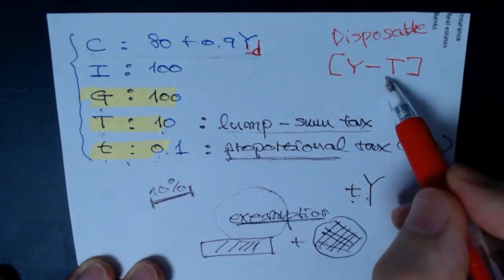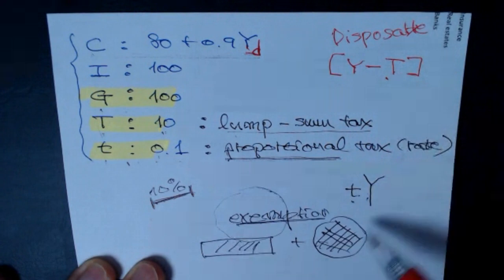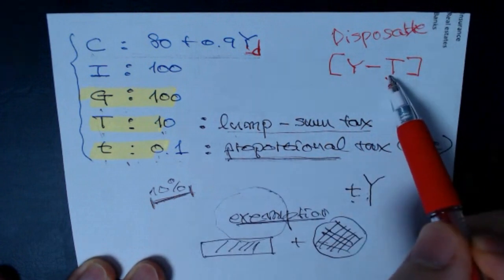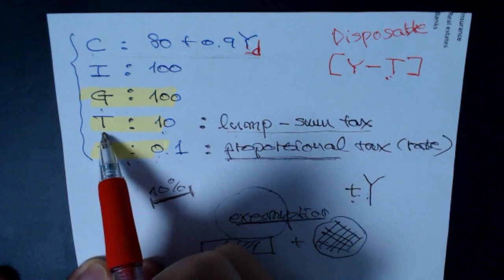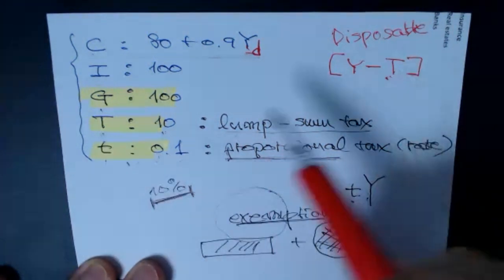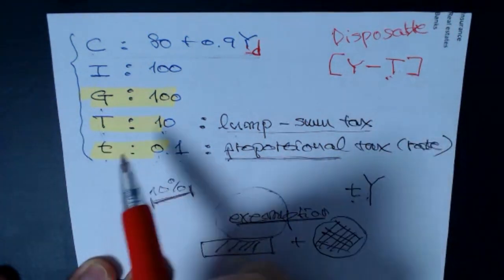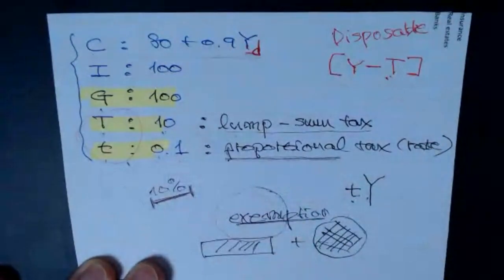T represents tax. Depending on the tax system of a nation, this T can be composed of a fixed amount or only a proportional amount, but in many cases they have a combination of these two.